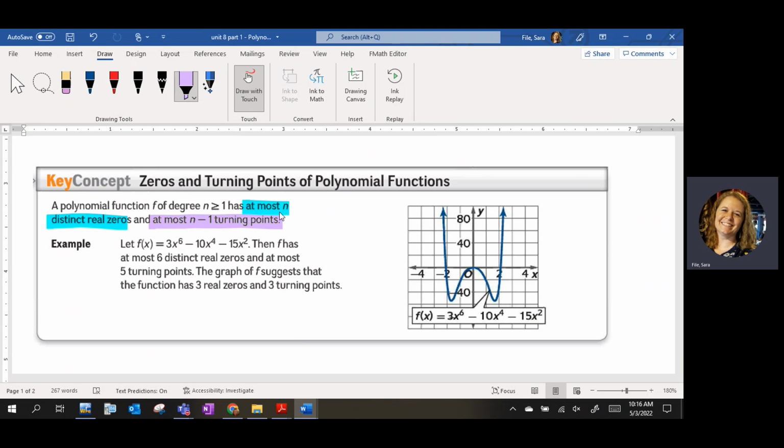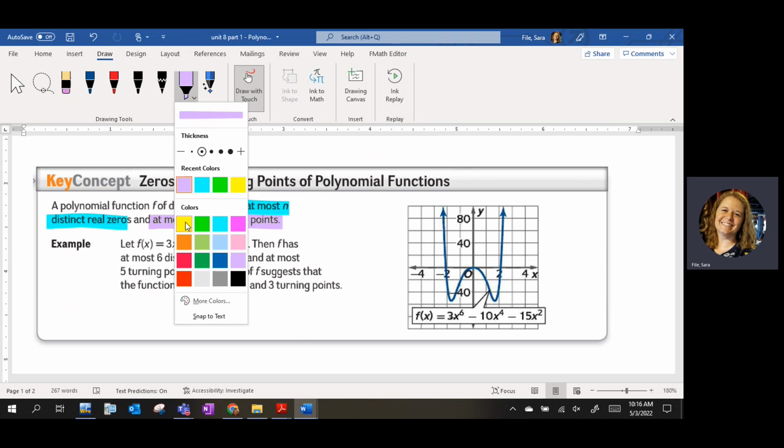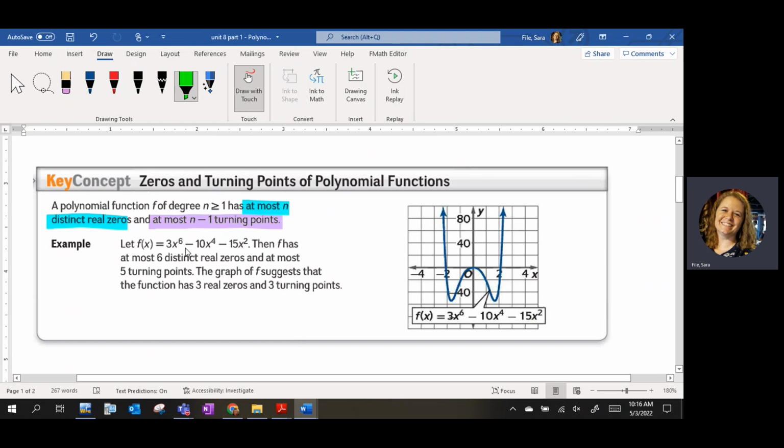So when you identify n, the degree of your function, which here in this example, the degree is 6, right? That's the highest exponent there. So if n equals 6, that means this could have at most 6 zeros and at most 5 turning points. Does that make sense?